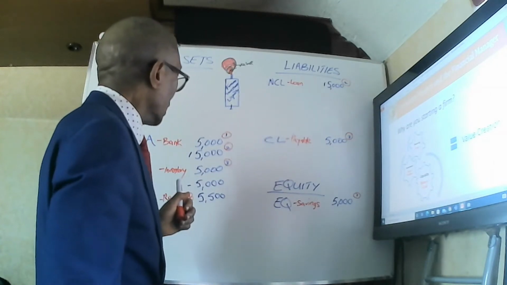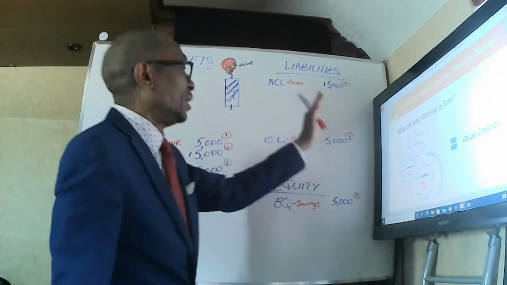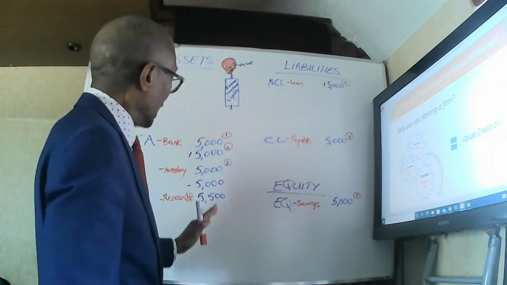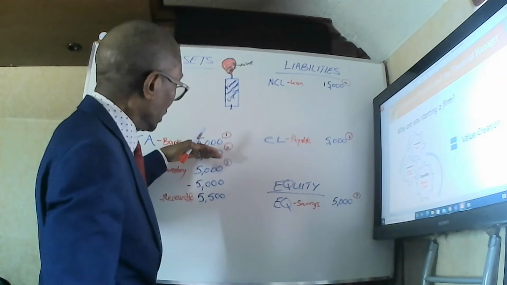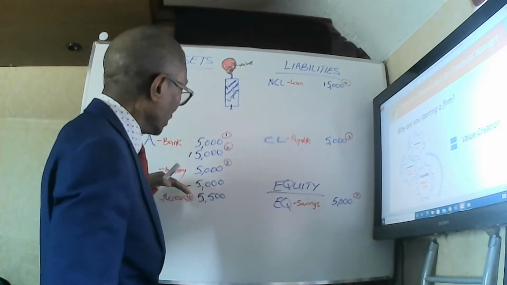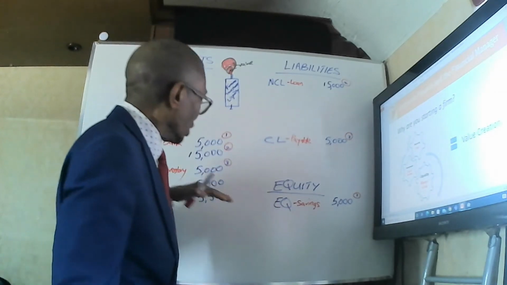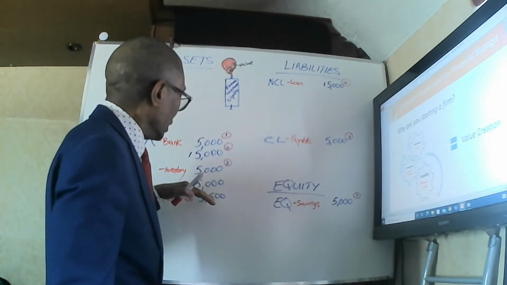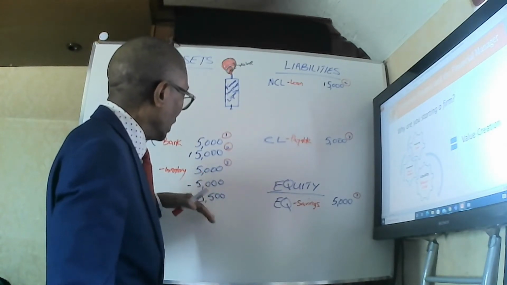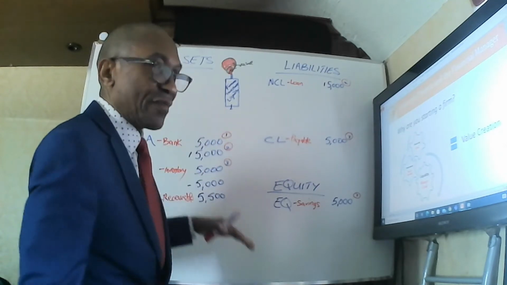Now, if you look at this equation, let's add up. We originally have 25,000 before I acted. So in sales, I can see that I've only increased this side by 500.